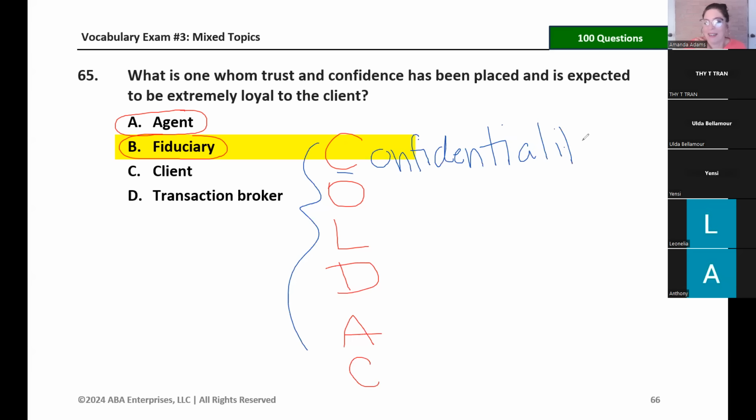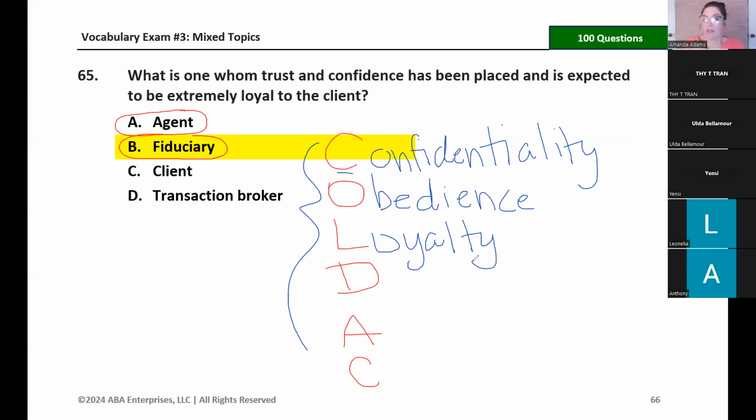All right. What is O? O would be obedience. Yes, we have to follow all legal instructions. What is L? Loyalty. Yes, we got to be loyal to our clients, putting their needs above everyone else's, including our own.